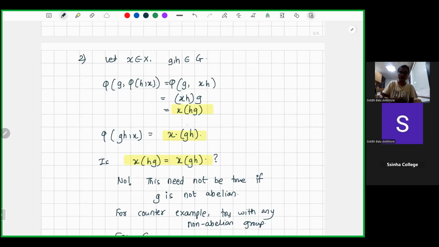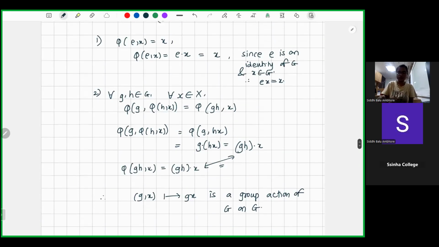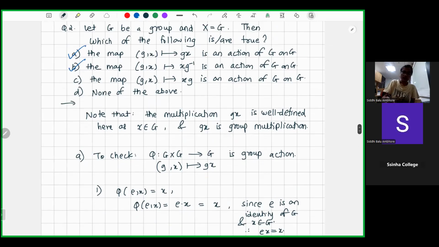This is not equal, and therefore this is not a group action if G is not abelian.